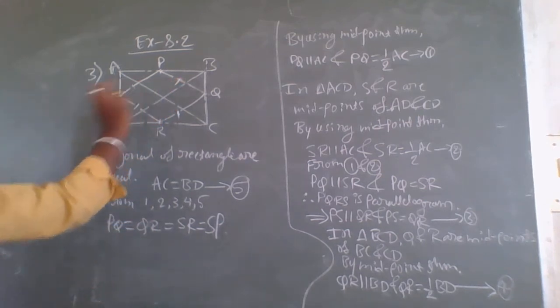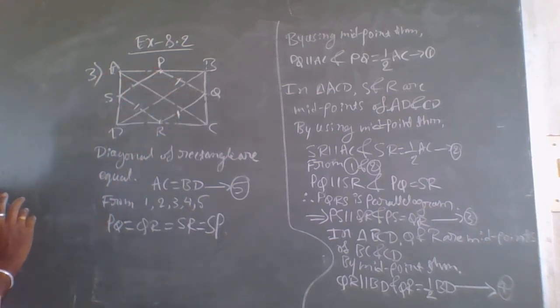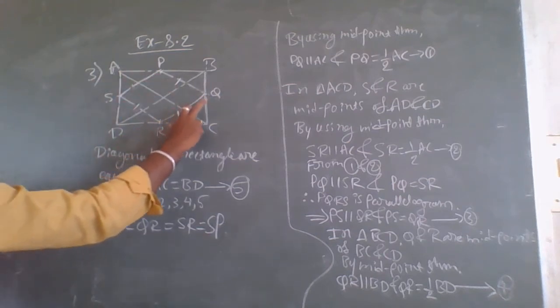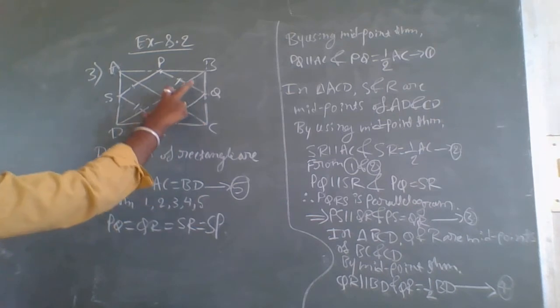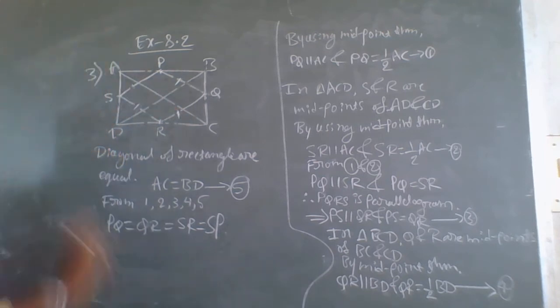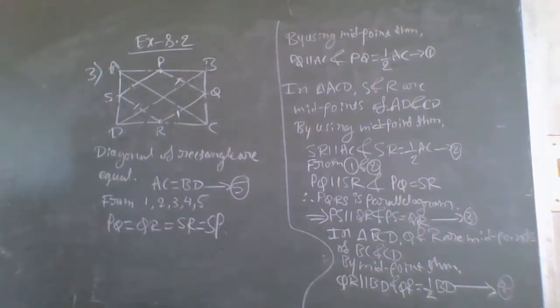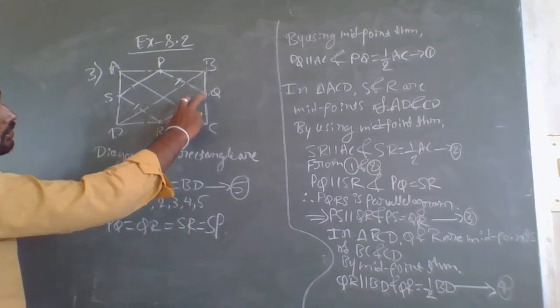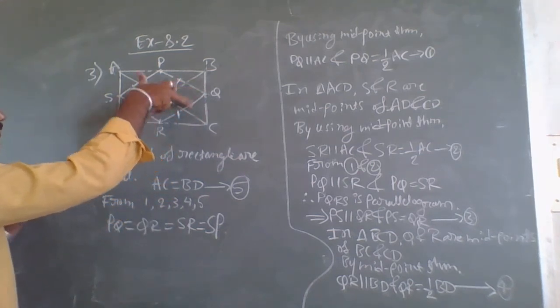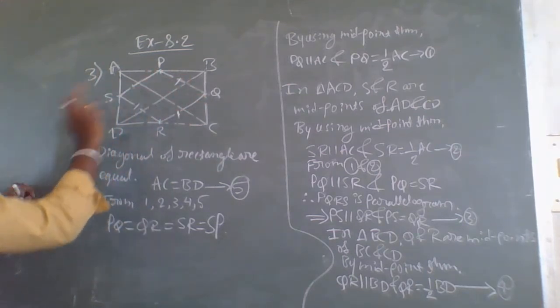If these two are half of AC, then PQ equals SR, and this is a parallelogram. Again, by considering triangle BCD, QR is half of BD, and BD and AC are equal because these two are diagonals of a rectangle. So QR is equal to half of BD, which is equal to half of AC, and PQ is also half of AC, SR is half of AC.